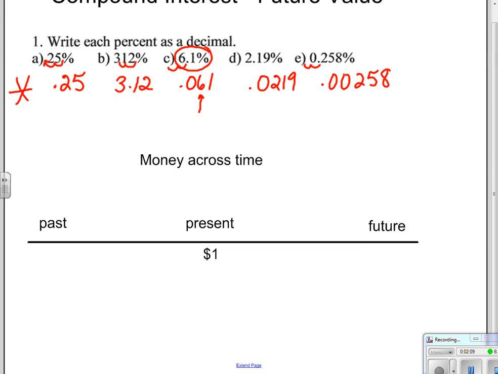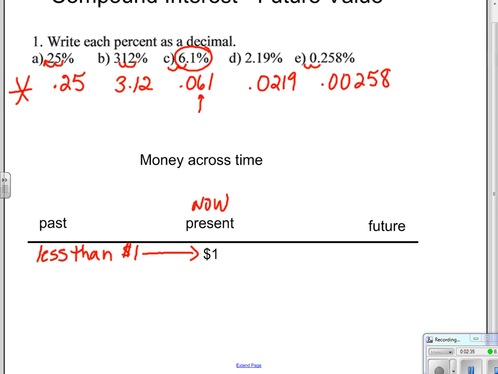This particular thing that I have written here is not on your handout sheet, but sometimes it can be helpful to think of it in this way. If you have $1 right now, then you could have put into your account less than $1, leave it there, and you would get your dollar in the present.